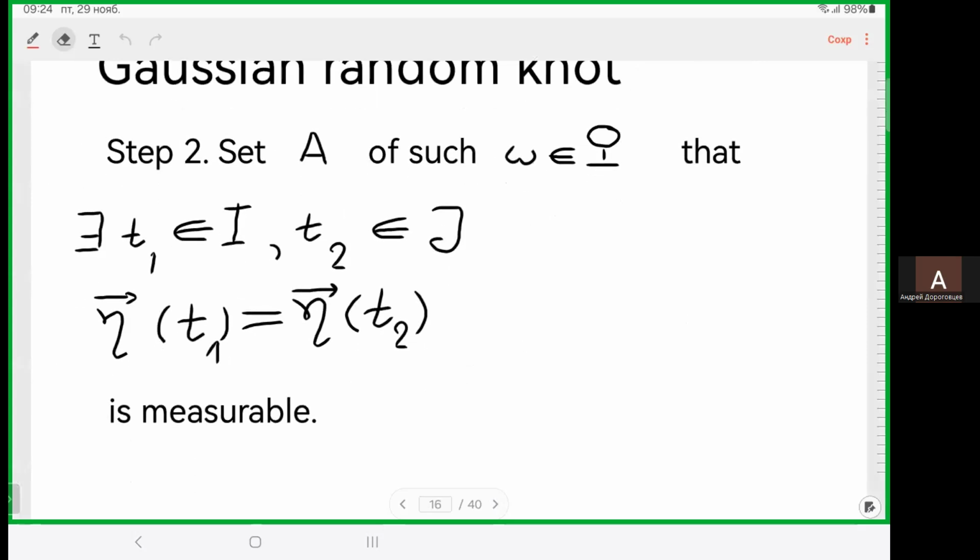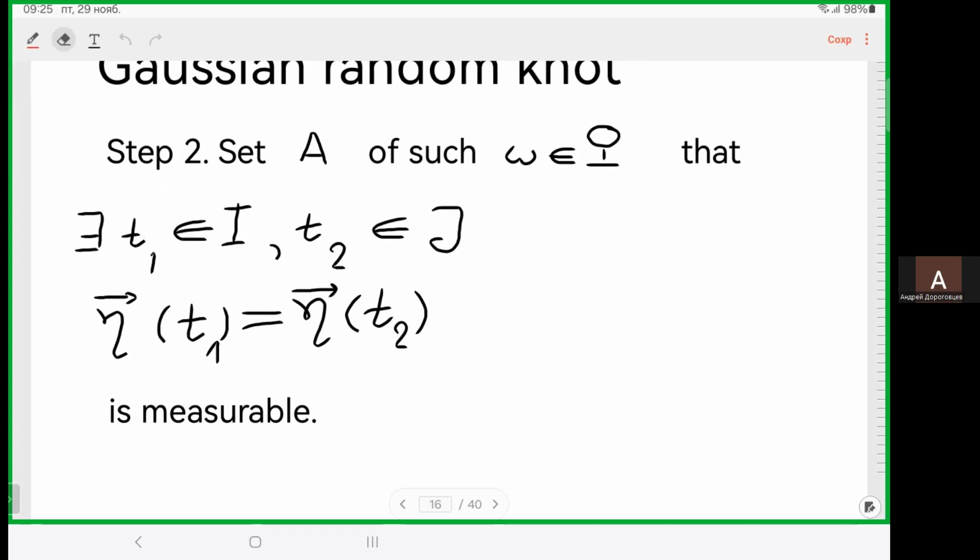Now consider the random set A of such omega that there exists a point of self-intersection for our random knot. So that there exist t1 from interval I and t2 from interval J such that eta t1 is equal to eta t2.